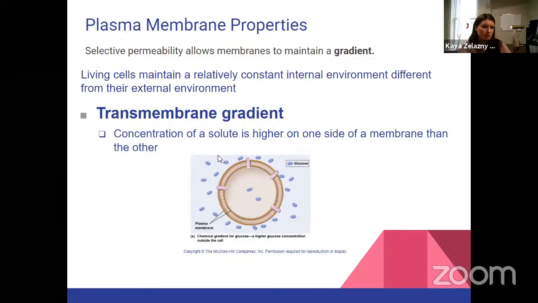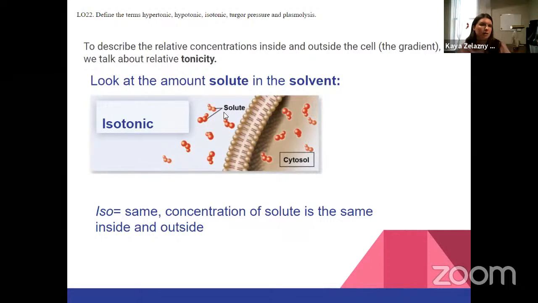So when we see a difference in concentration, lots of something outside, only a little inside, or the reverse, we call that a transmembrane gradient, meaning across the membrane, we have different concentrations. As we start to think about what those concentrations are, we talk about relative tonicity.